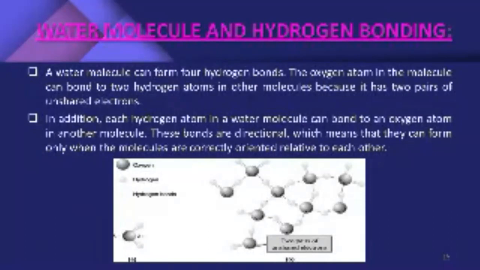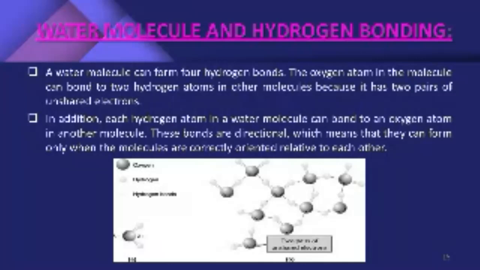In addition, each hydrogen atom in a water molecule can bond to an oxygen atom in another molecule. These bonds are directional, which means that they can form only when the molecules are correctly oriented relative to each other. And this is the diagram, hydrogen bonding in water.